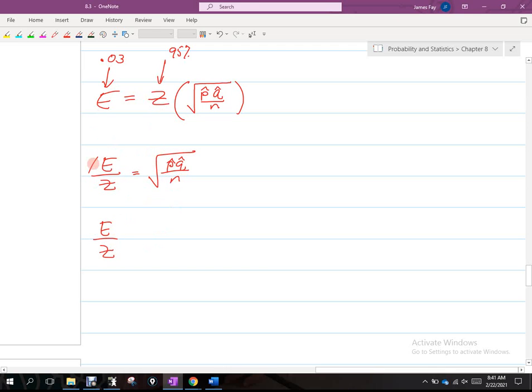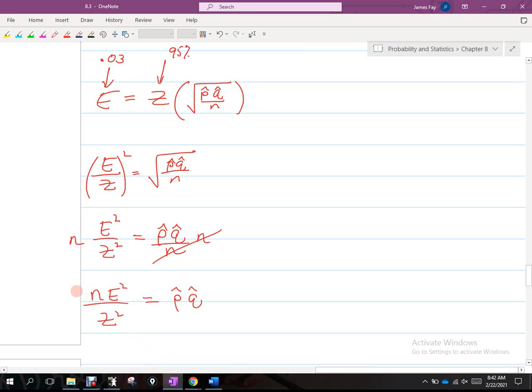So when I square both sides, it'll look like this initially, but we can use a distributive property with exponents to make this e squared over z squared is then equal to p hat q hat over n. If I multiply both sides by n, it's going to give me n e squared over z squared is equal to p hat q hat.